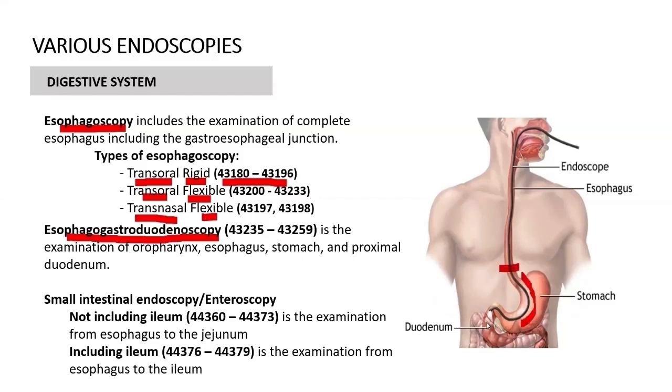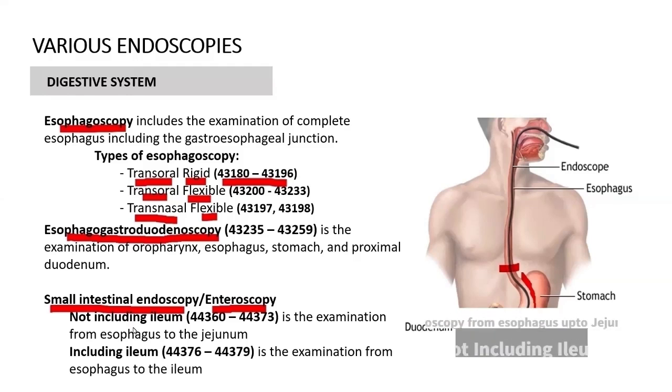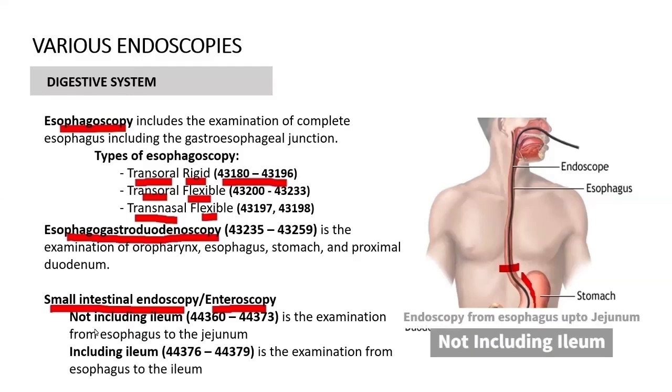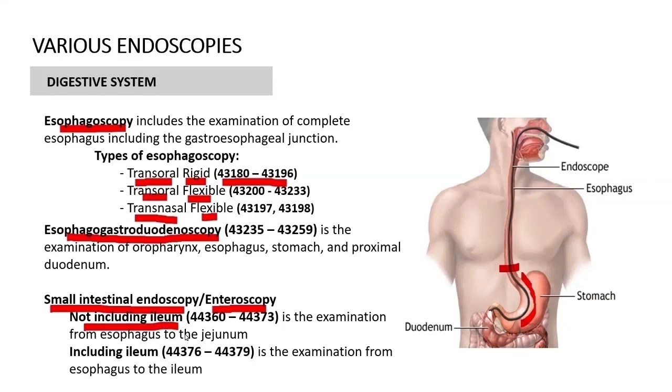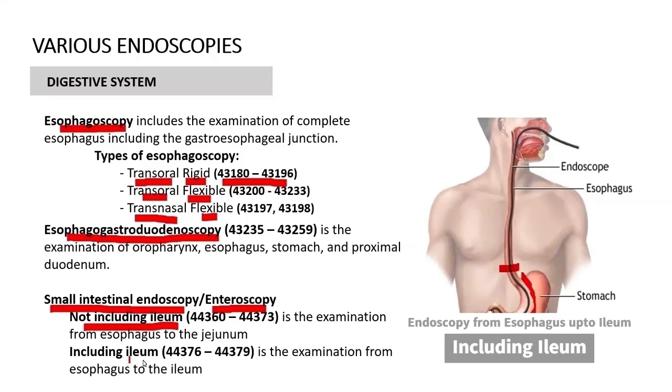If it is not stopped even at first portion of duodenum, if complete duodenum is visualized and passing further, visualizing jejunum, it will be called small intestinal endoscopy or enteroscopy. Entero means small intestine. There are two types of enteroscopies. One is without visualizing ileum, only up to jejunum, and another is visualizing even ileum.